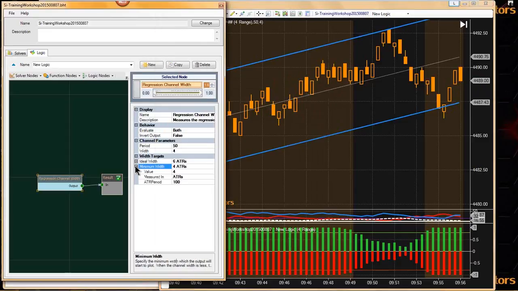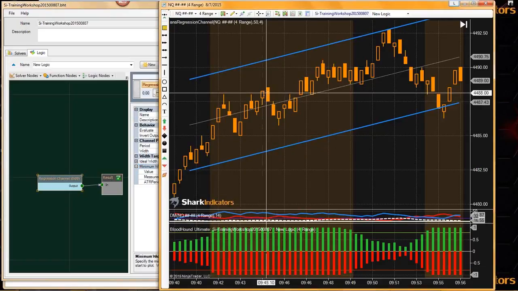Right now it's set to ATRs. ATRs is a way of auto-adjusting these width requirements based on the volatility of the ATR indicator.